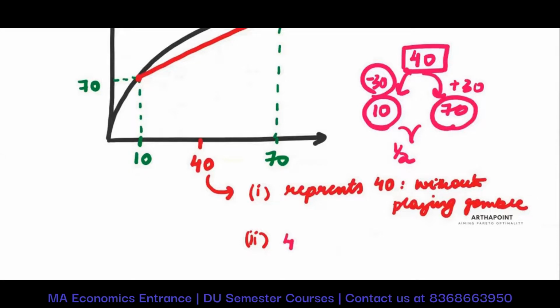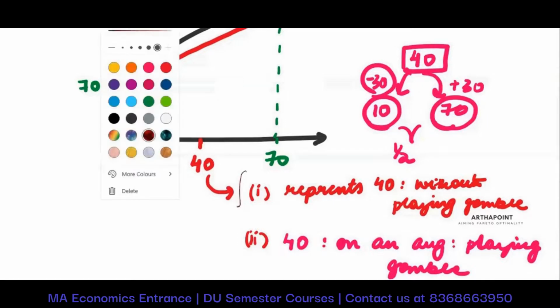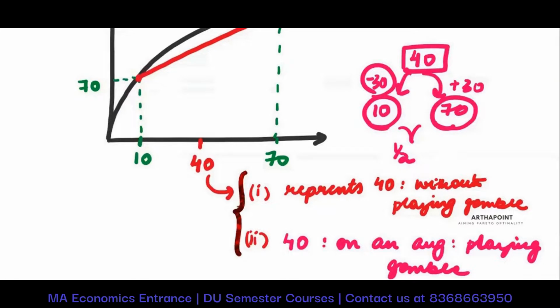So when I play the gamble, I also earn 40, but on an average. Both these things, whether you play or don't play the gamble, one gives you 40 for sure and the other gives you 40 on an average, but both are 40.